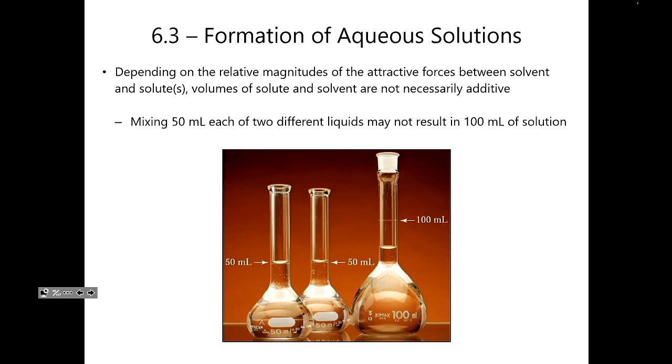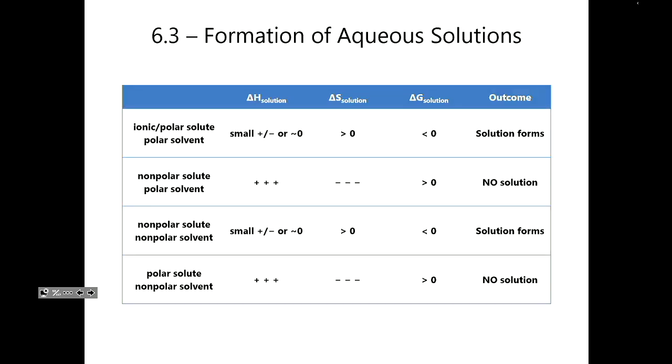If you don't require high levels of precision, okay, it's 100-ish. But if you need very high precision, you cannot make that assumption. It's entirely due to these interactions between solute, solvent, and then solute with solvent, they may not be perfectly aligned.